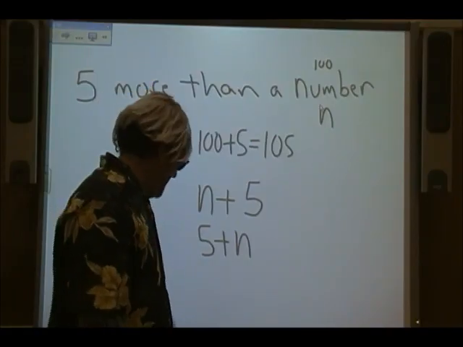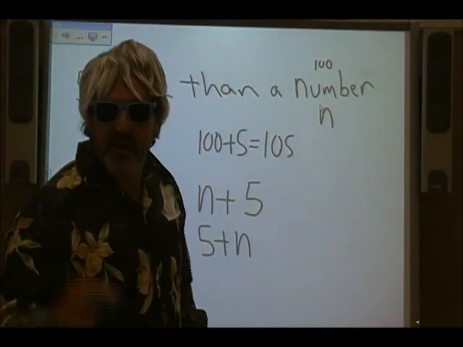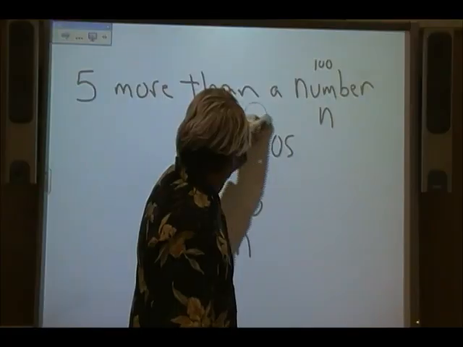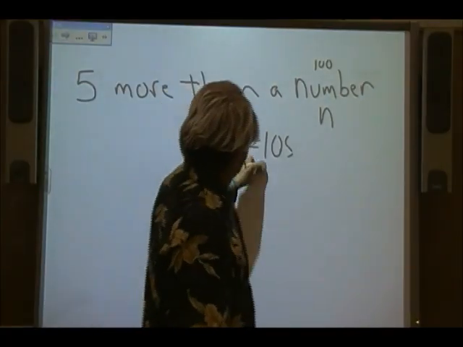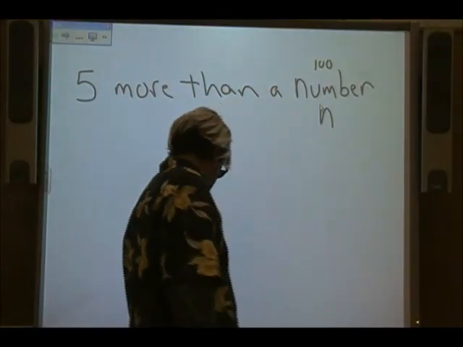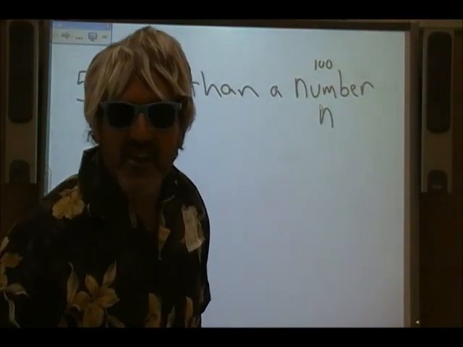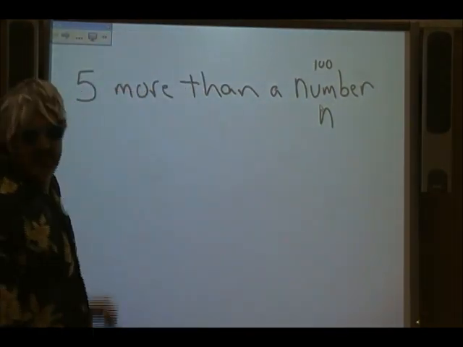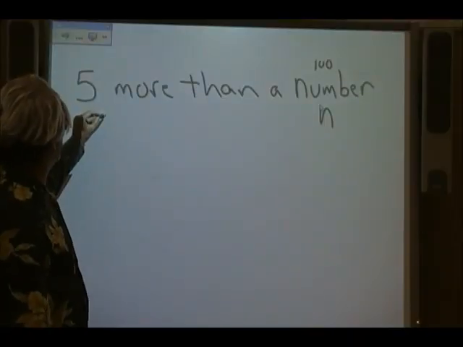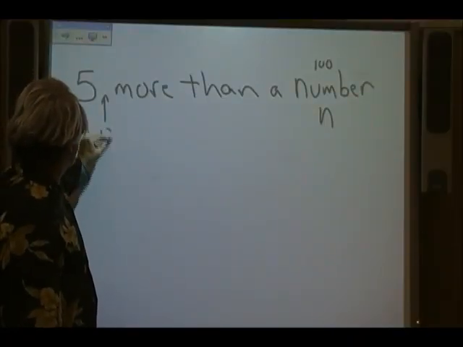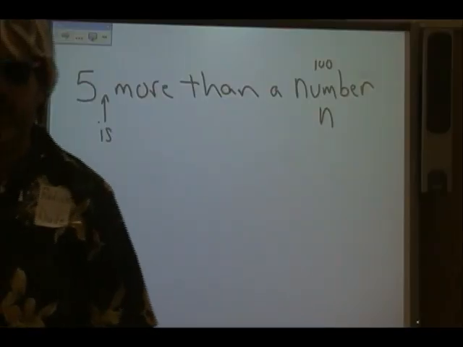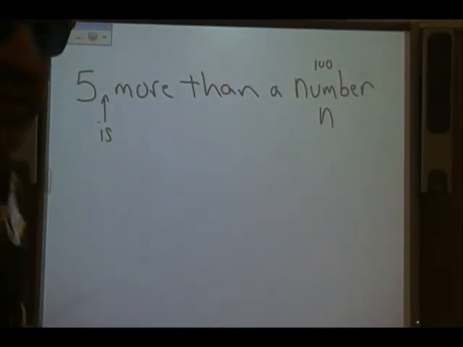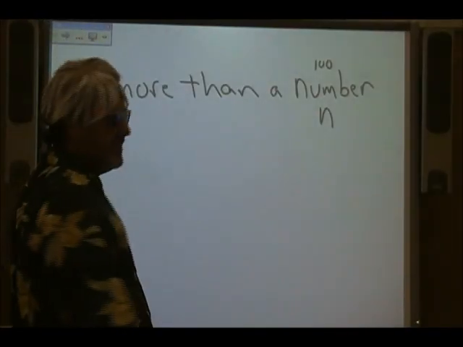But let's continue. Here's a mind blower for you. Watch this. Just by putting one word changes the whole thing. You see where this says 5 more than? I'm going to put the word is. Now we have 5 is more than a number.